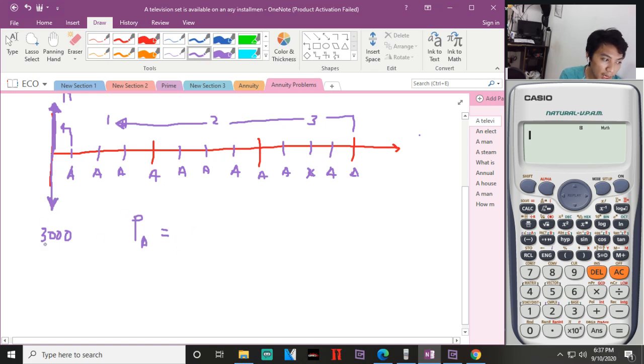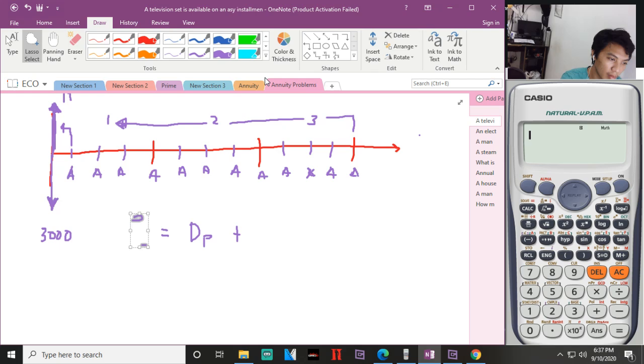Siyempre, nagbayad ka agad ng down payment. Itatagdag mo yung down payment. So total payment yan.